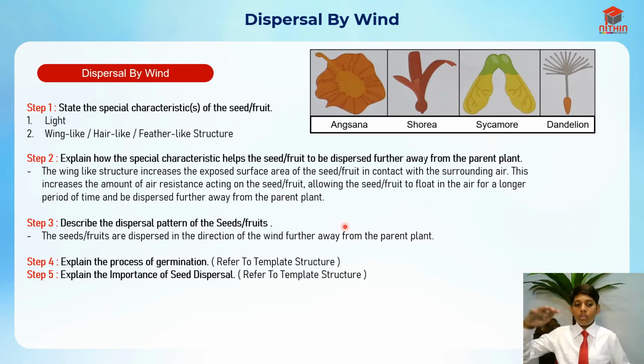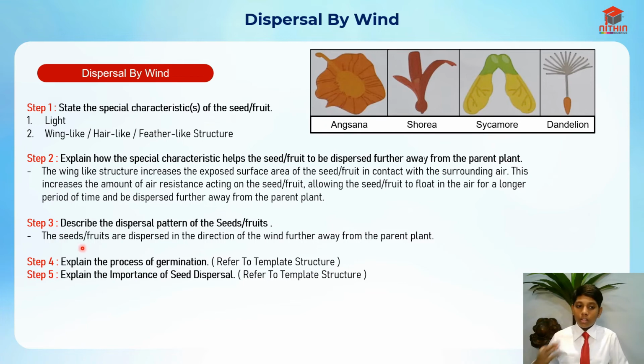So if this is the seed, the air resistance pushes the seed up. That's why it has the wing-like or feather-like or hair-like structures, allowing the seed to float in the air for a longer period of time and disperse further away from the parent plant. Basically what I just taught you.